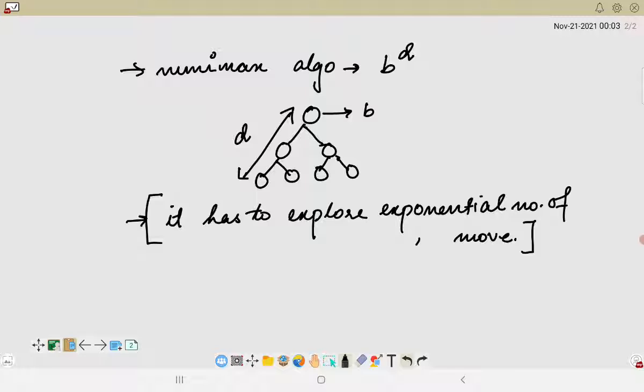However, this exponential number of moves, or the exponent, can be reduced to half.